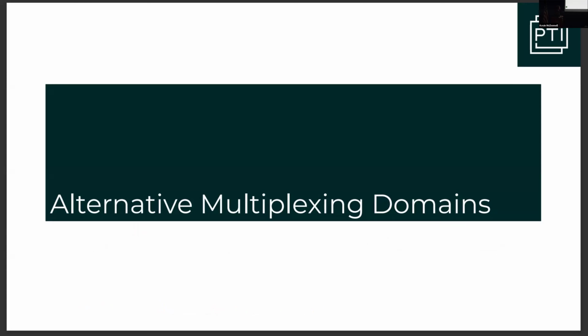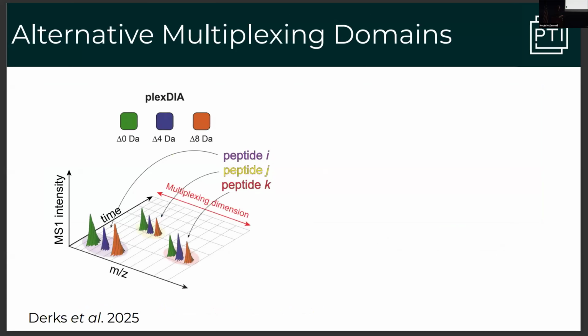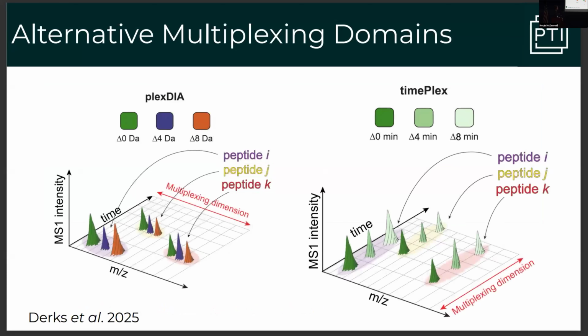And now I'm going to talk a bit about alternative multiplexing domains. I've described a lot of multiplexing in the mass domain and how PSN tag enables us to increase multiplexing there. But a project led by Jason Dirks at PTI was exploring alternative multiplexing dimensions. Analogous to the mass domain, we also acquire data in the time domain.